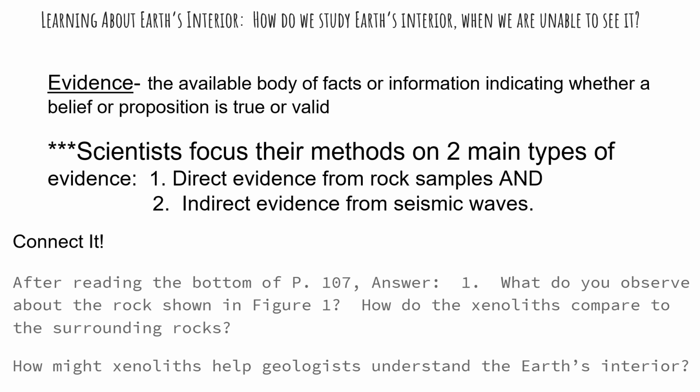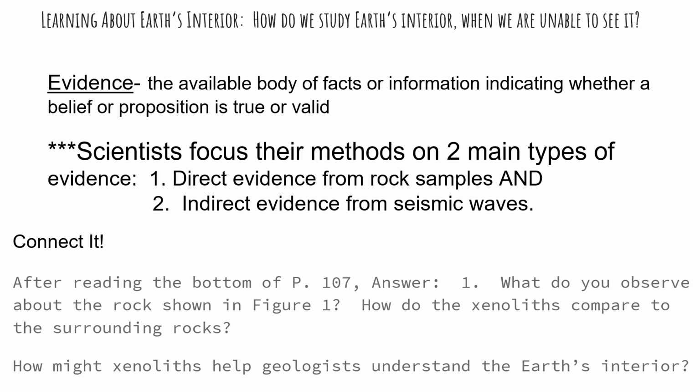So, the gray part was the rock that was all around it, but the xenolith has the yellowish and green pieces, which we know is the peridotite from below Earth's surface.